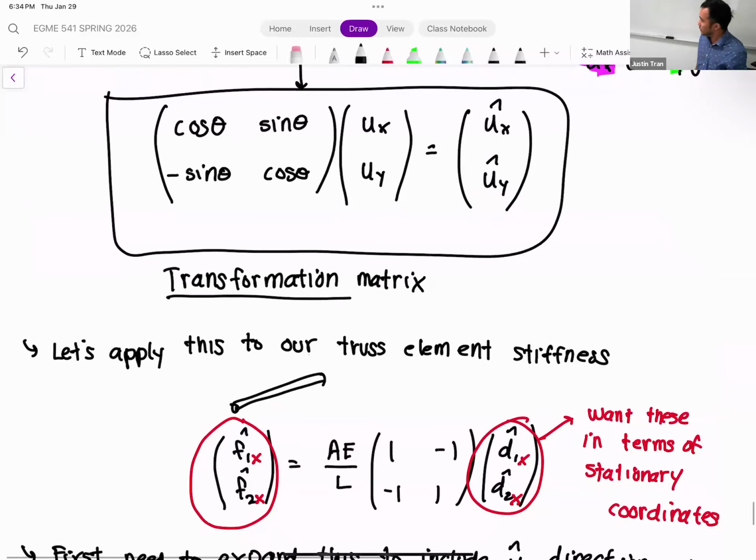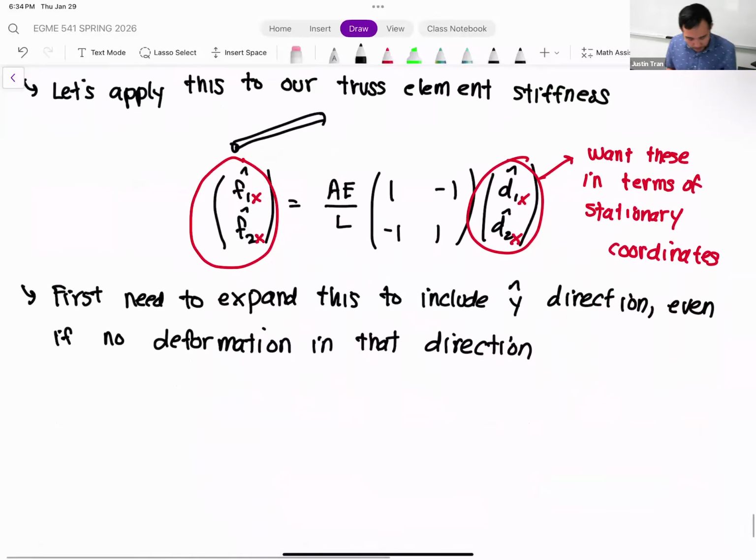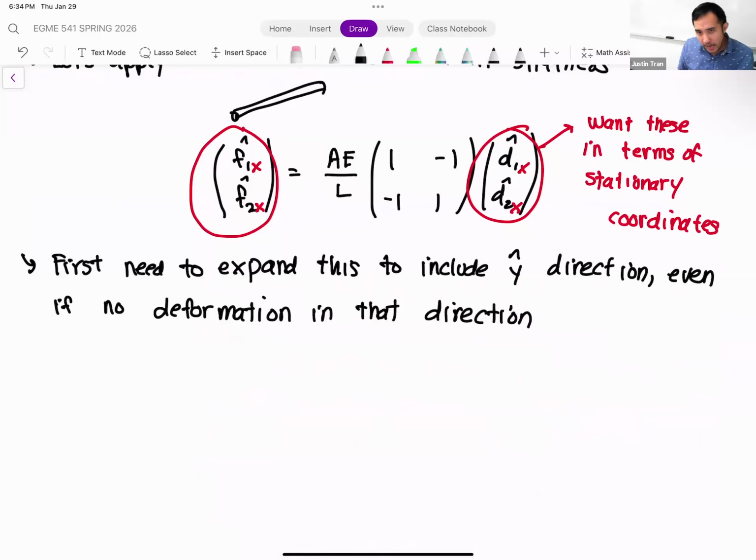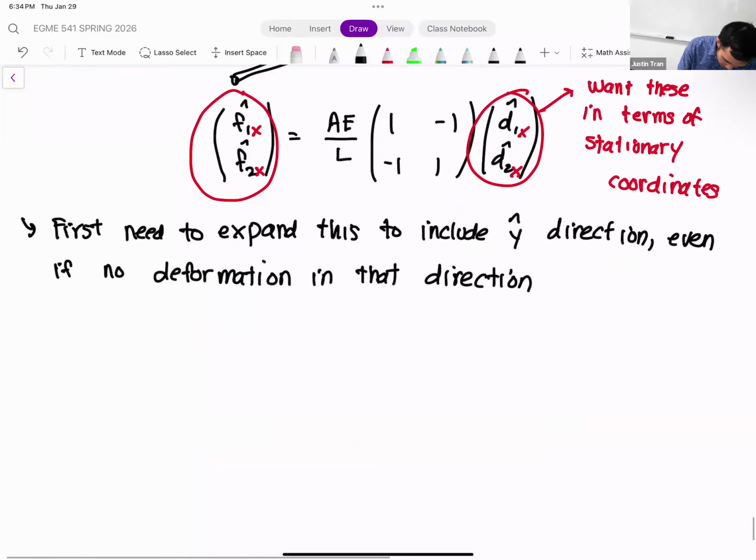So we need to do that. The way we're going to do that is to add rows and columns of zeros.